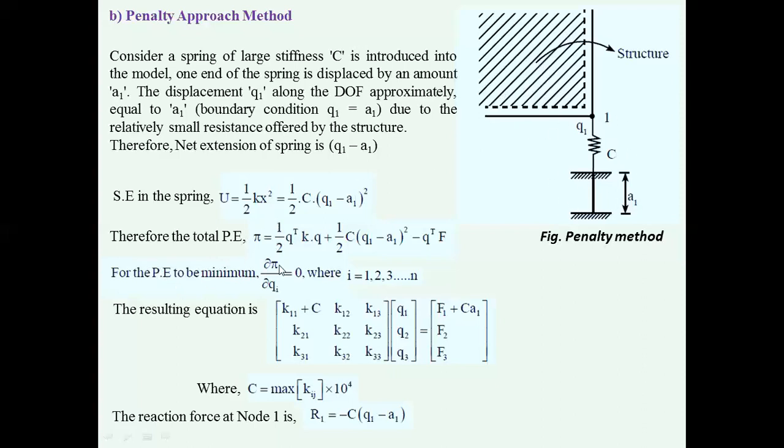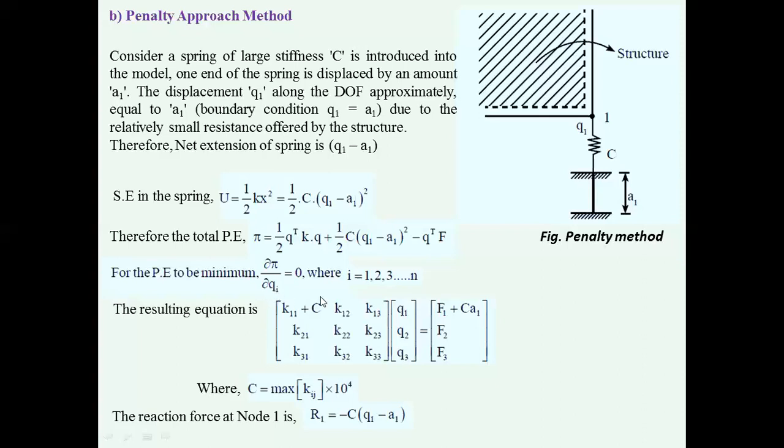Now we have to minimize the potential energy functional. So for the potential energy to be minimum, we take the partial derivative of the potential energy functional with respect to the variable. Here the variable is q.